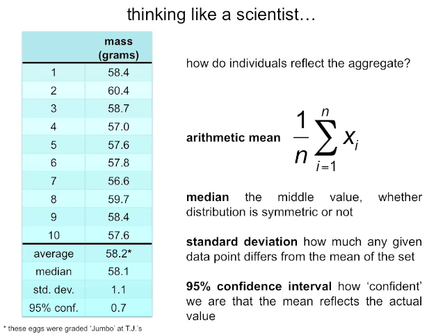The 95% confidence level is 0.7 grams. So that tells us that we have a little tighter bounds using that metric of confidence on the average number. So not all eggs weigh the same, and not all eggs weigh what they're supposed to weigh, and we like to measure those things as scientists.